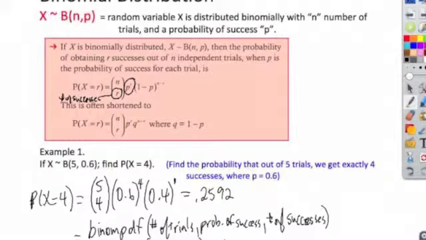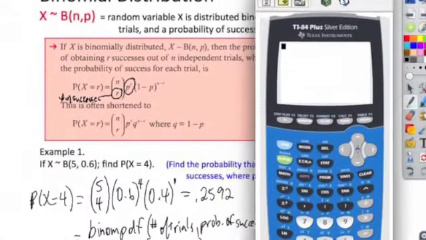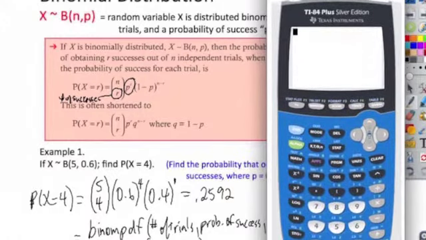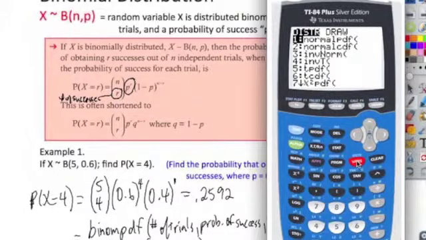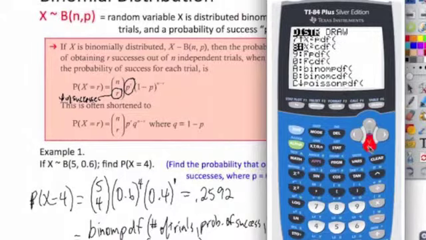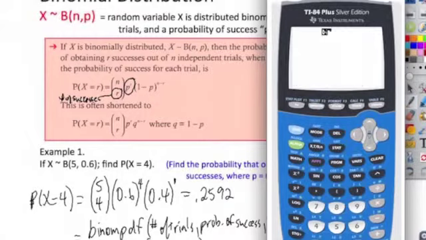And I'll show you how this calculation can be performed using a calculator. So to start with, you're going to 2nd, vars, distributions. It's faster to scroll up. It's binomPDF that we're looking for. Option A. And if you have a new operating system, it'll give you the prompts.